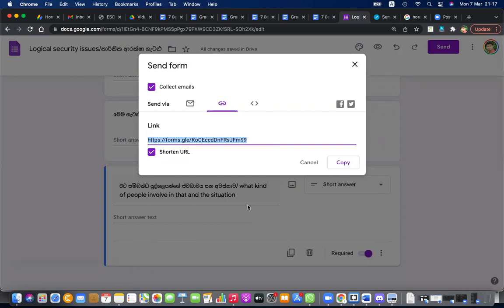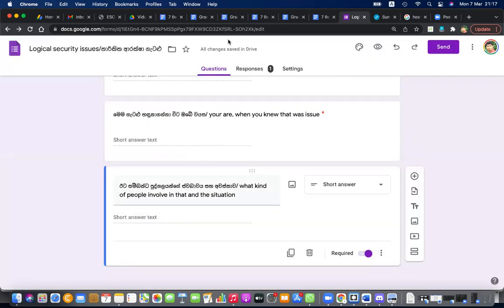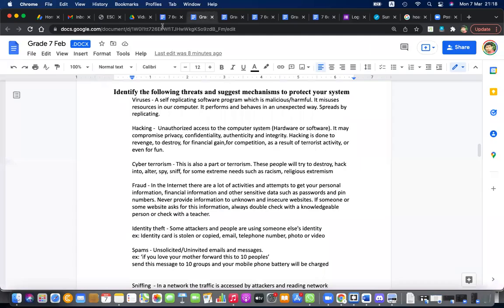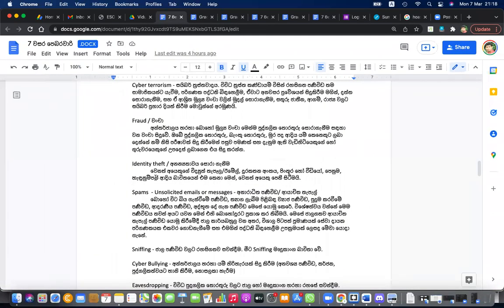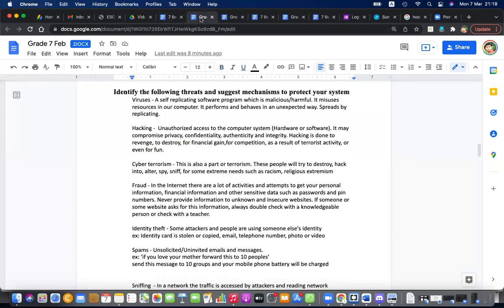After filling, it will be automatically submitted. No need to send it to me. When you fill it, the responses are automatically recorded. Then next day, we can see your knowledge about this logical security. So we can learn about that, right?